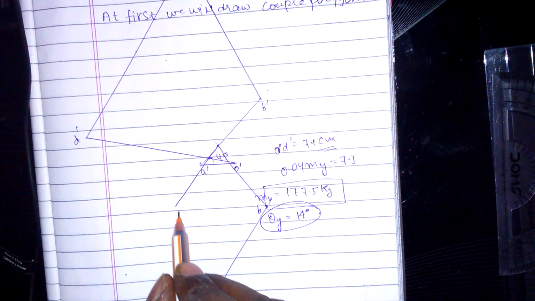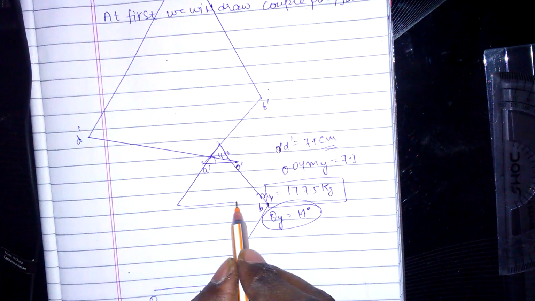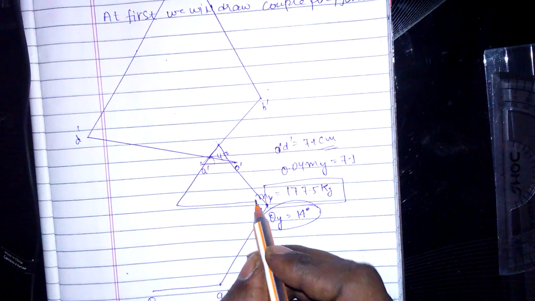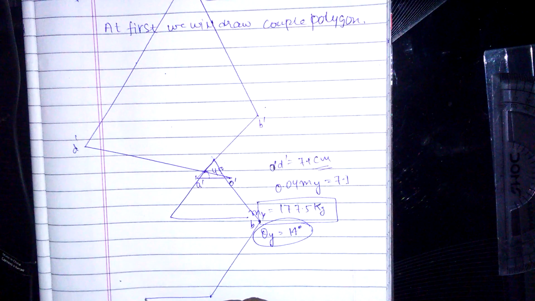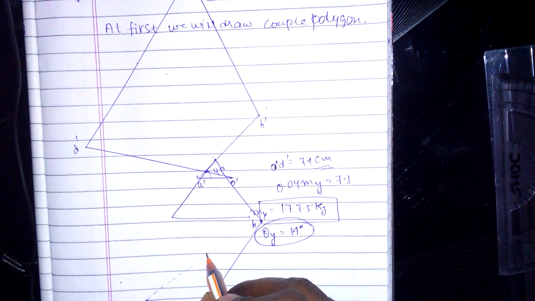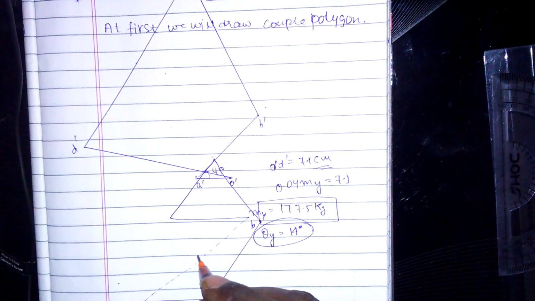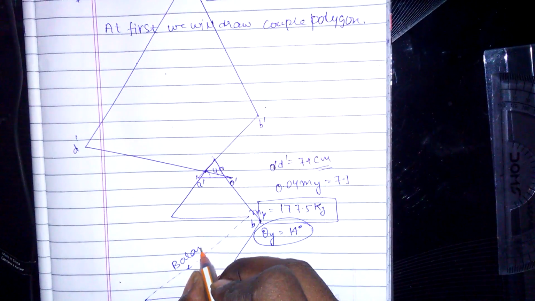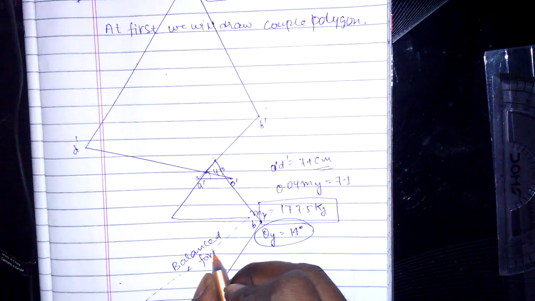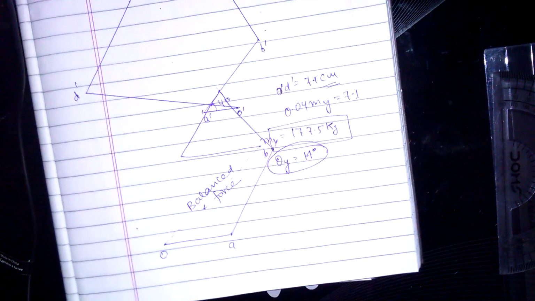So from that we could draw this, and now at the end we have all the data completed, so we could join this and we will obtain this balanced force.